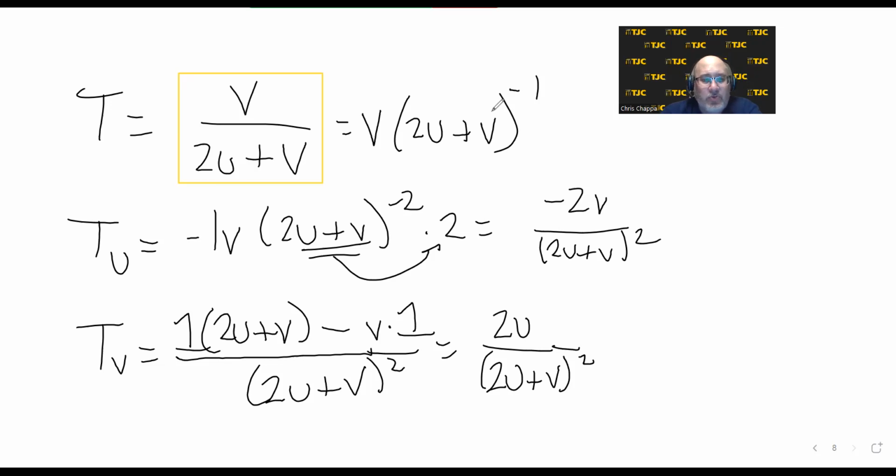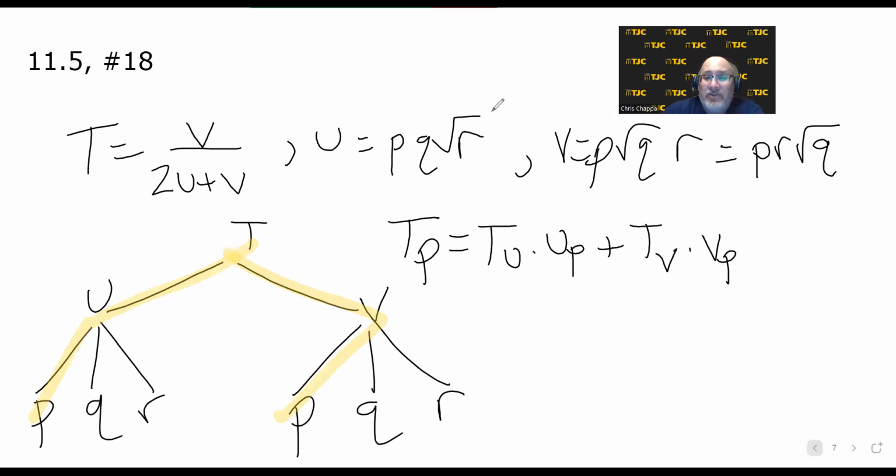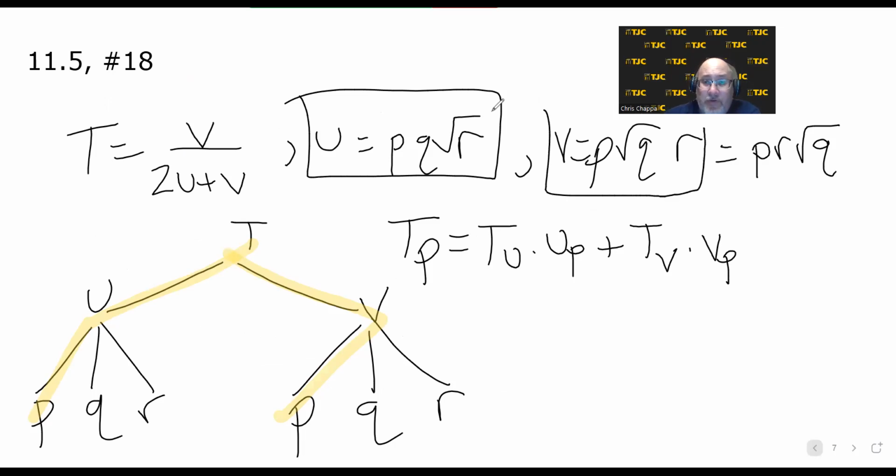All right, so we have our partials of t with respect to u and v. Now let's find the partials of u with respect to p and v with respect to p. Those are actually pretty easy because they don't have the square roots. If we did the square root one, we would raise it to a 1/2 power, do the power rule, and maybe put it back into a square root. But here the partial derivatives of u with respect to p and of v with respect to p are going to be fairly easy.